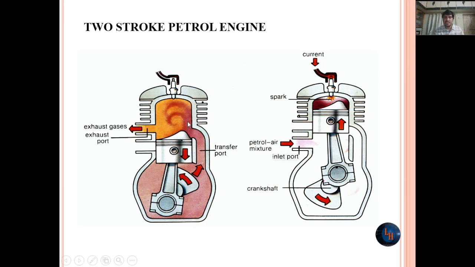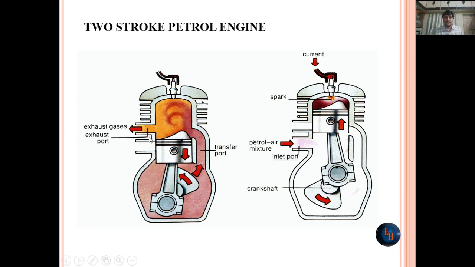This fresh charge also pushes the burnt gases out from the cylinder to the atmosphere. This sweeping of burnt gases out of the cylinder is known as the scavenging process.